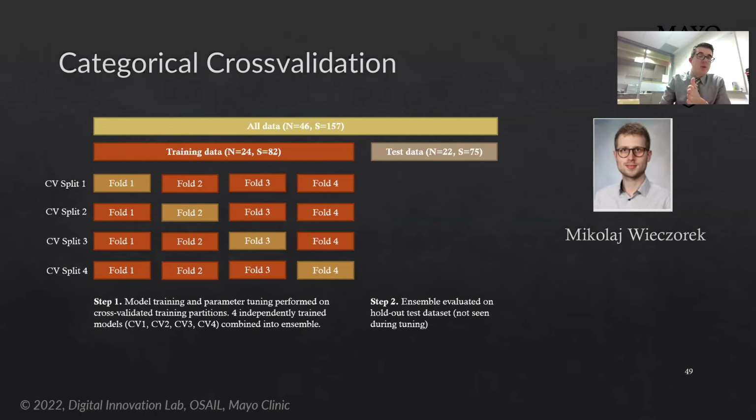Here I'm showing 4-fold cross-validation. We split our training data set into 4 blocks. We use one of those blocks for validation and the other 3 for training, and then we rotate which block is our validation block. At the end, we have 4 different models that are trained independently 4 different times, but each has seen a different version of the data set.